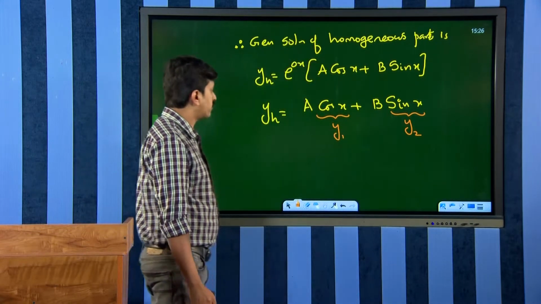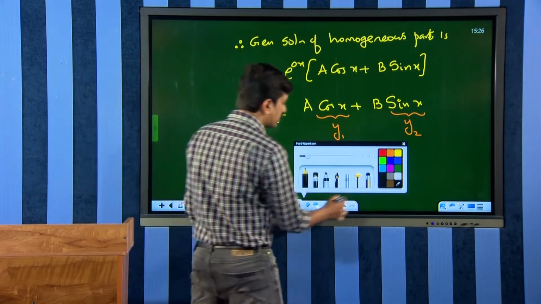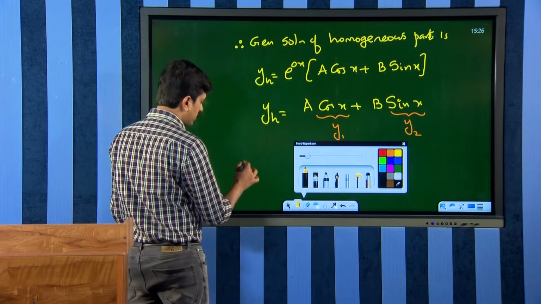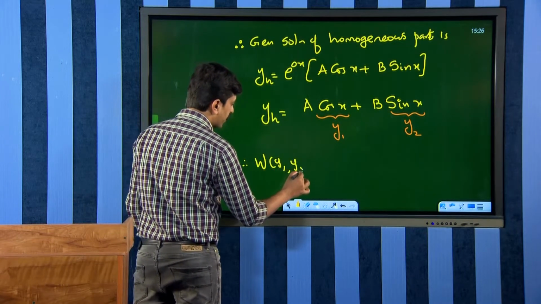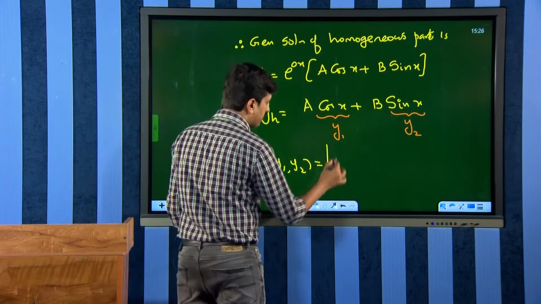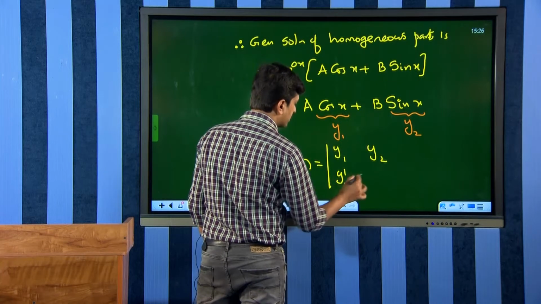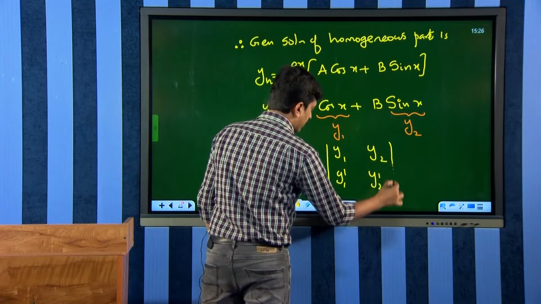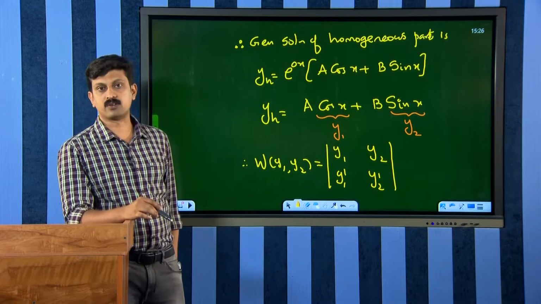Now, we have to find the Wronskian. The Wronskian of y1, y2 is equal to the determinant of y1, y2, y1 dash, y2 dash. Here y1 is equal to cos x and y2 is equal to sin x.